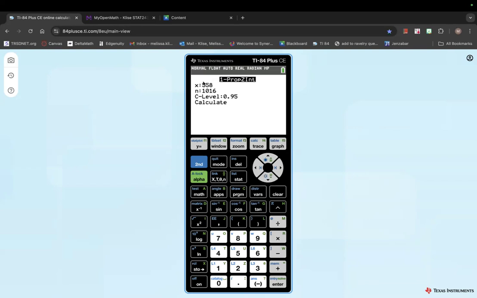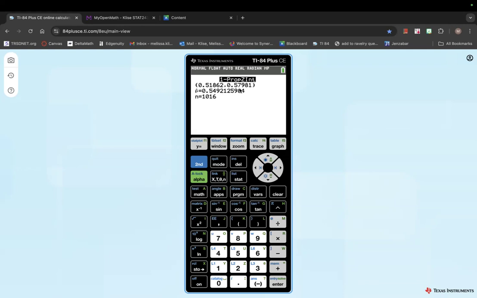So you put in your number of successes, your sample size, and your confidence level. That's all you need. And when I hit enter, it'll give me the p-hat, and then it gives me the interval. So if you want to know the actual margin of error, you're going to have to do a little bit of math. You're just going to take this upper value and subtract the p-hat to get the margin of error.